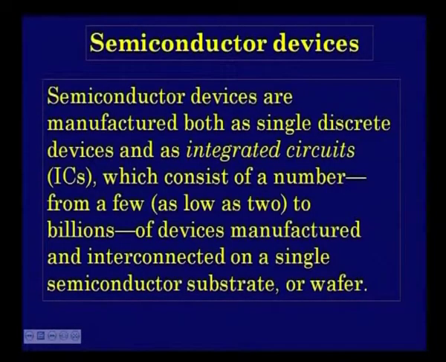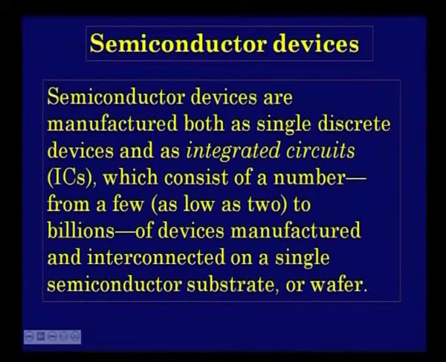The semiconductor devices are manufactured both as single discrete devices as well as integrated circuits, which consist of a number from a few to as many as billions of devices manufactured and interconnected on a single semiconductor substrate or wafer.